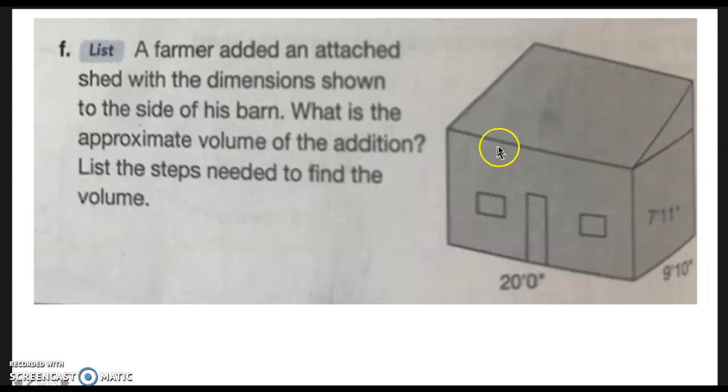And then 10 times our height of our shape, which is 20. So we're going to get 100. And then we are going to add that to our previous amount. So our shed is going to be about 1,800 feet, around there.